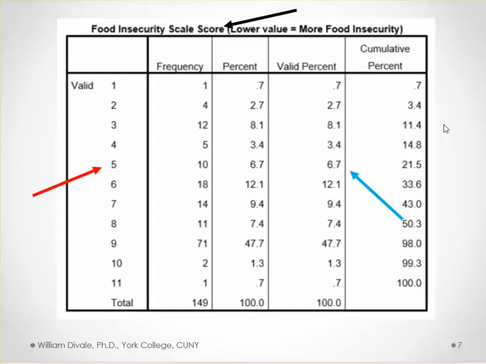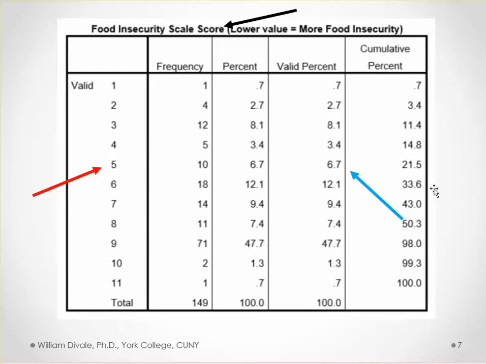Three people, the score of 3 on the food insecurity scale plus the score of 2 plus the score of 1 amounted to 11.4% of our sample, or in terms of the number of people, look at the frequency column, that's 12 plus 4 plus 1, so that would be 17 people.